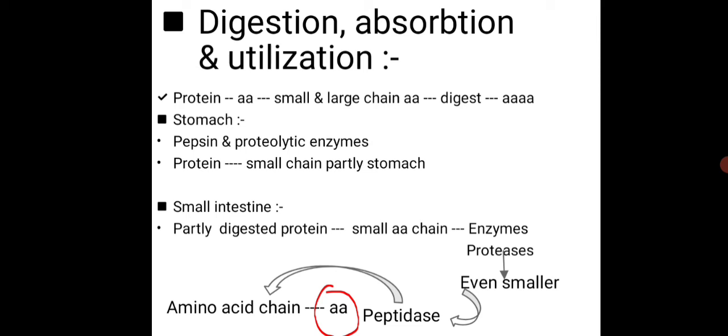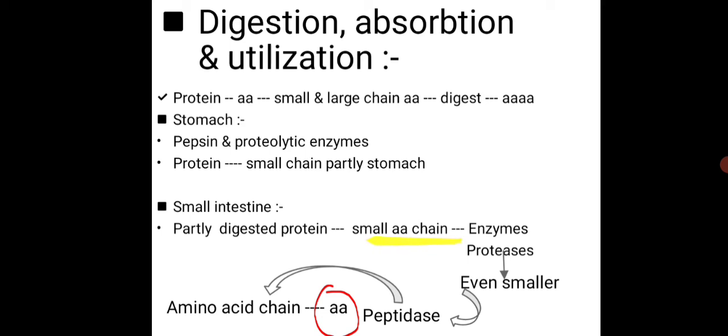It is broken down into a simpler form, that is amino acid, and from the small intestine that is absorbed. This process is given here. In the stomach, pepsin, a proteolytic enzyme, breaks the protein into small chains partly. Then the partly digested food from the stomach enters the small intestine.